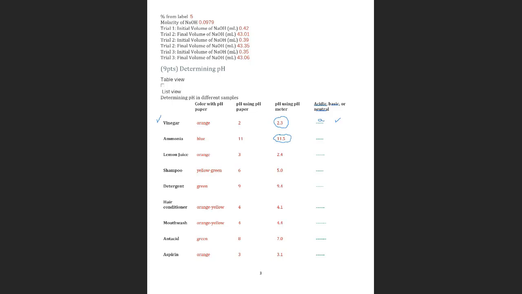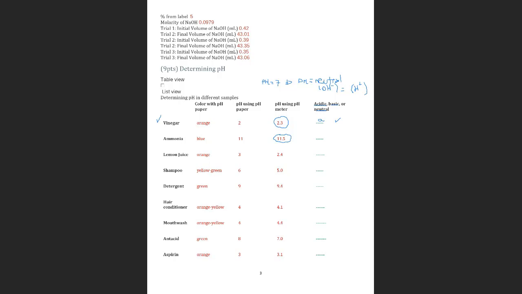If the pH equals 7, then the pH is neutral. What does it mean, neutral? Neutral means that the concentration of OH minus equals the concentration of hydronium or protons.